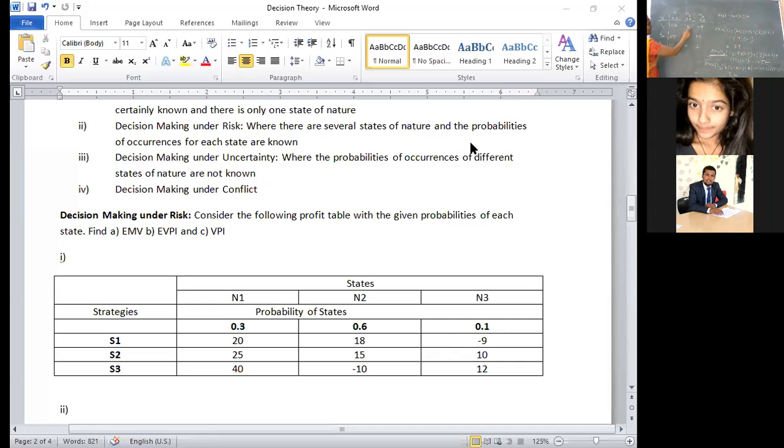Among these three values, the best payoff is 18. 18 into the corresponding probability, that is 0.6, plus in nature N3, among these three values, the best value is 12. 12 into the corresponding probability, that is 0.1. If you multiply these values, you will get 24.